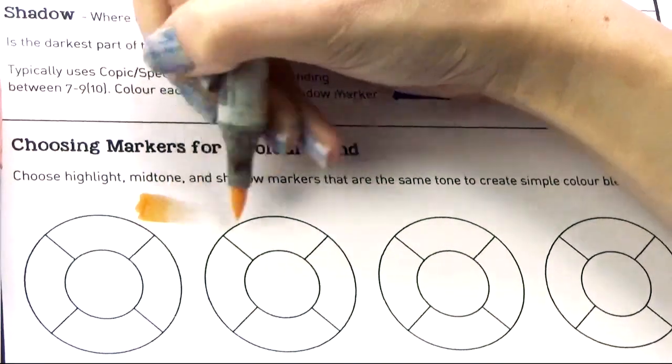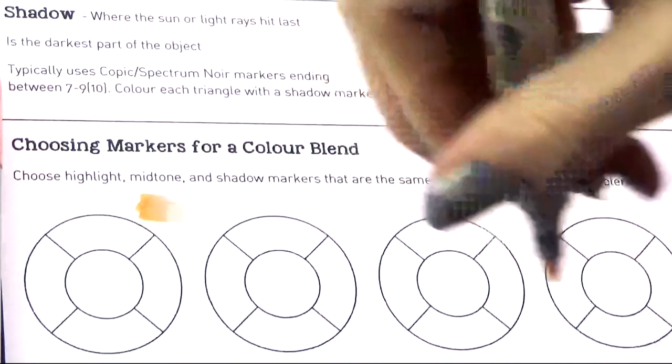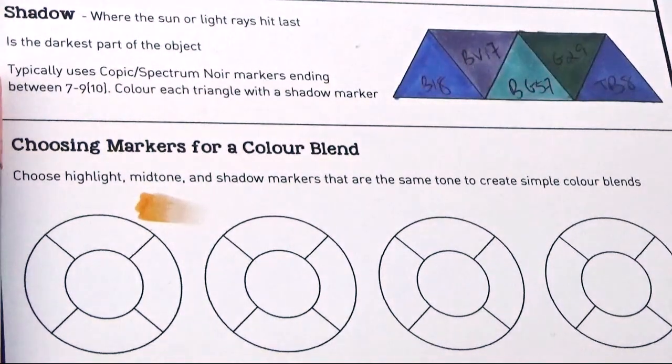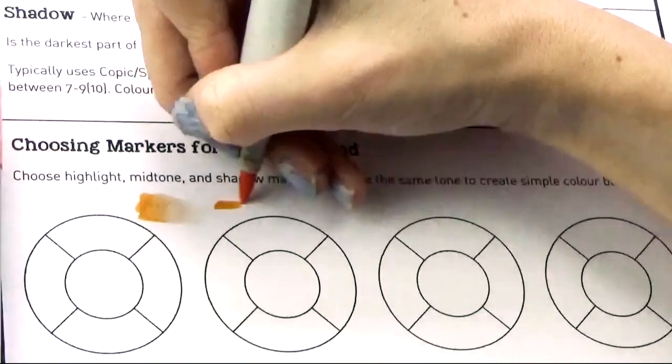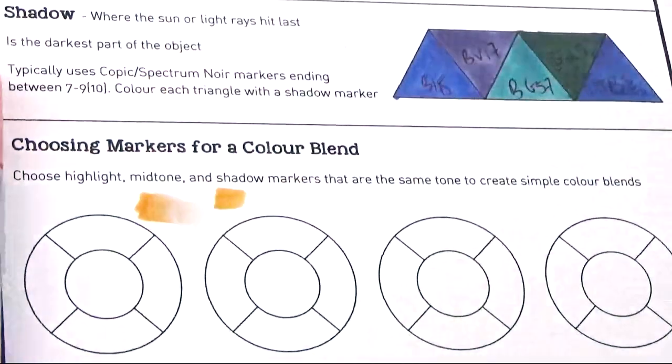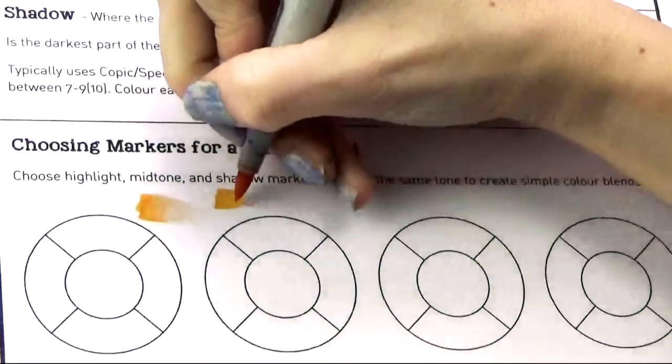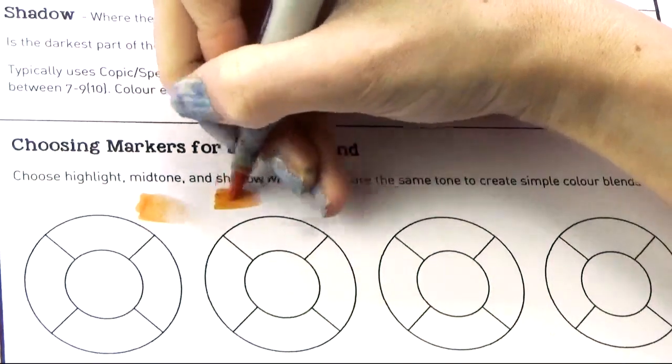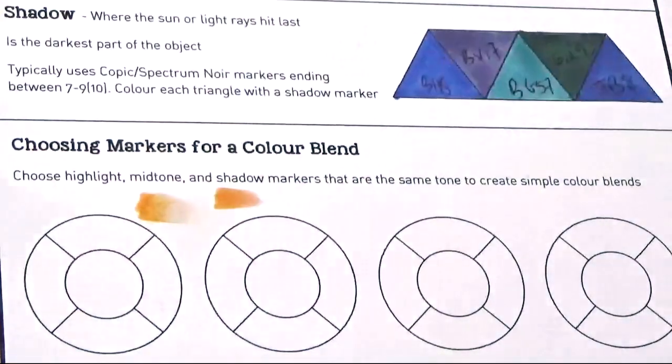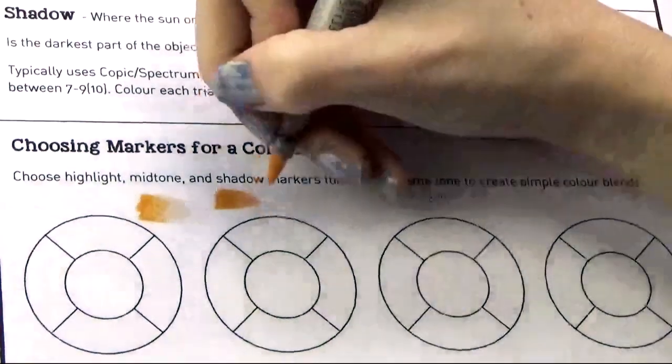Even though that's a mid-tone and this is a highlight, I'm still getting a really big jump between the markers, and it wasn't a very smooth blend. So if I bring back my YR04 and I use that YR02 that was available, and I blend this through, and then I pop down into my YR000.